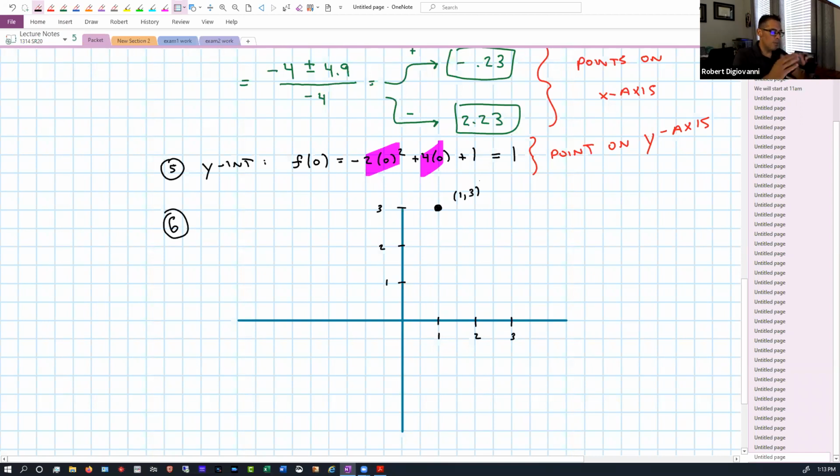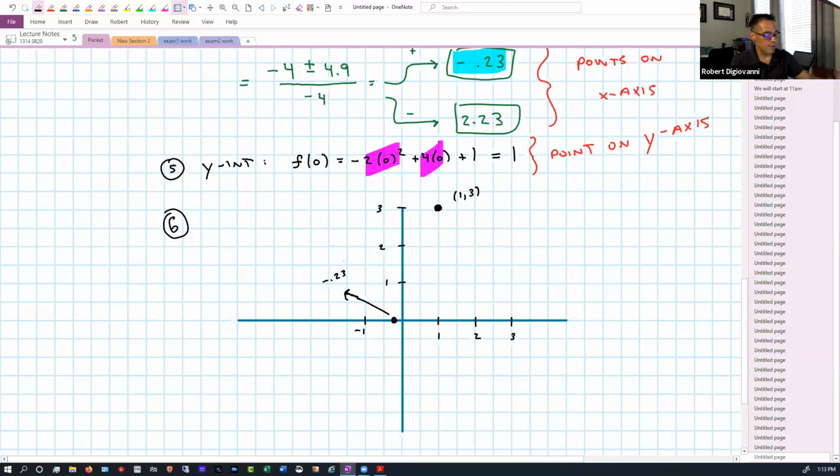Now my parabola opens down, and it hits the x-axis at -0.23. That's the first x-intercept I have. So look at your graph. This is -1. -0.23, we're going to kind of eyeball this, approximate it. I'm going to say it's about right there, and I'm going to put a little label on that. -0.23.